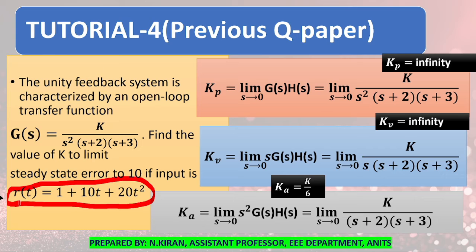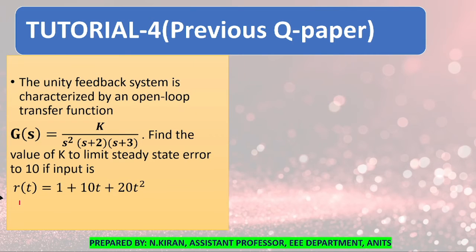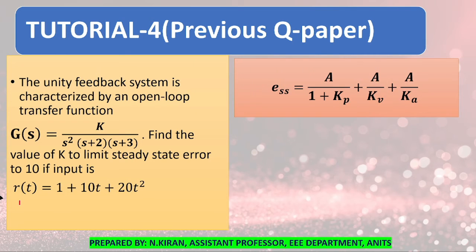So now the steady state error will be A by 1 plus Kp, because I have a step input as the first term, where A value is 1. The second term, since it is 10t, is a ramp input, so the steady state error will be A by Kv. The third term is 20t square.